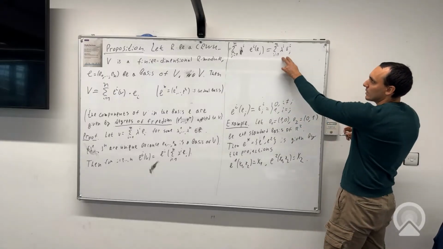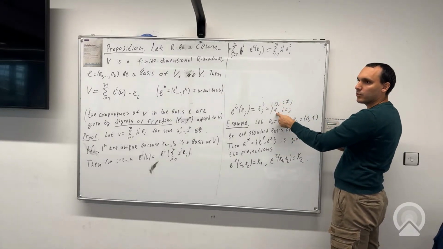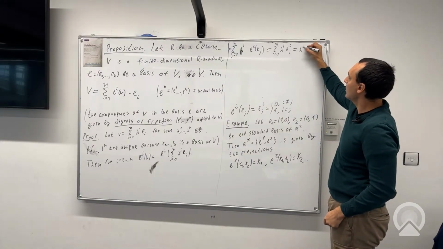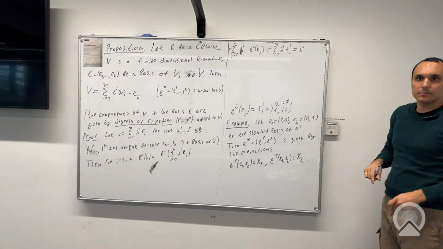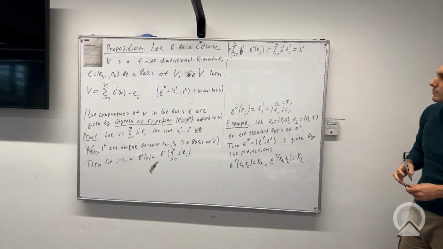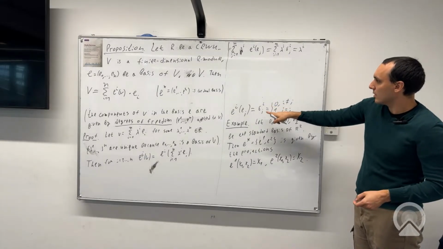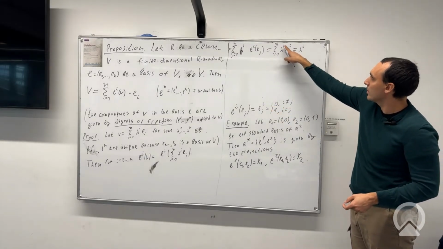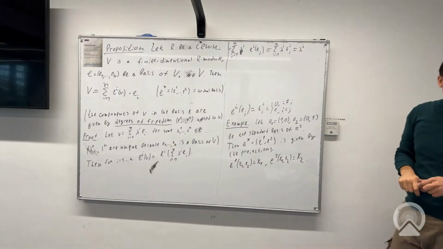From this sum, we have all of them except one equal to zero. You see, this thing is non-zero only when i equals j. So we only get the index i, and this is the only non-zero coefficient.